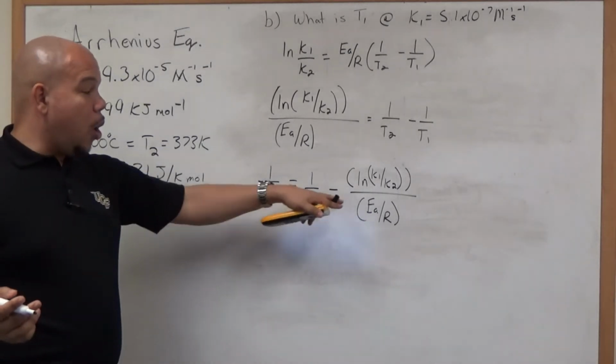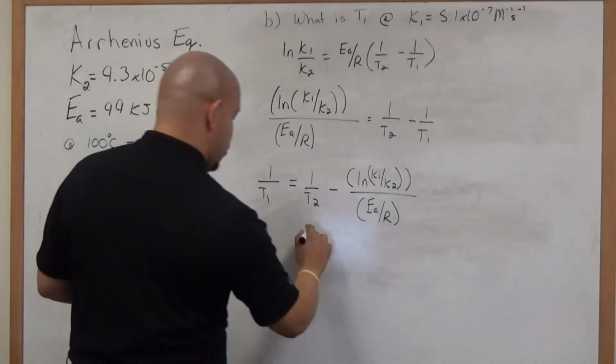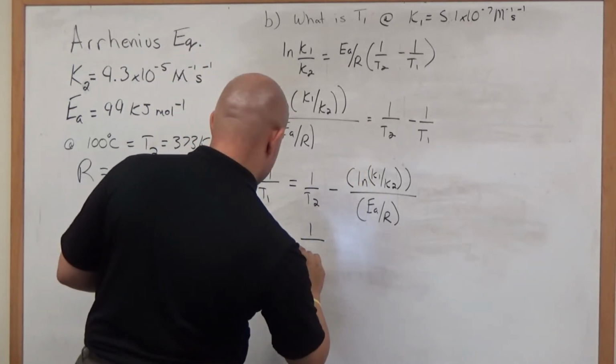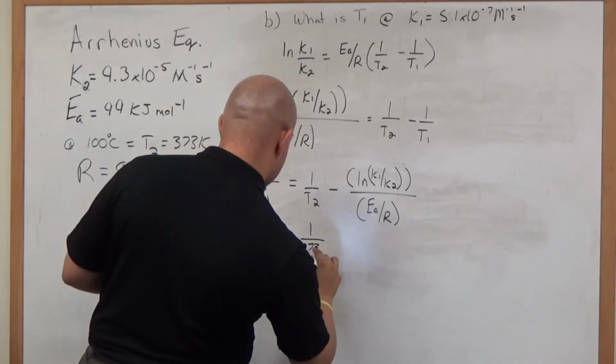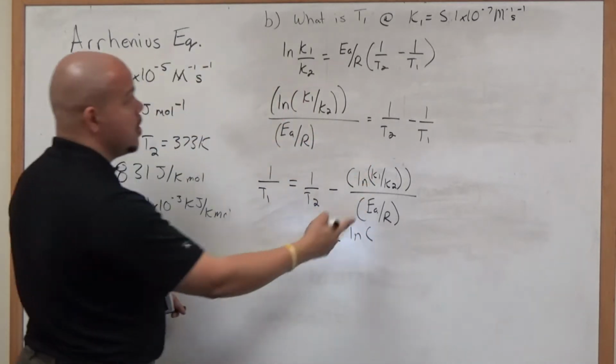So to plug all of that information in is going to involve 1 over 373 Kelvin minus natural log of each of these K's.